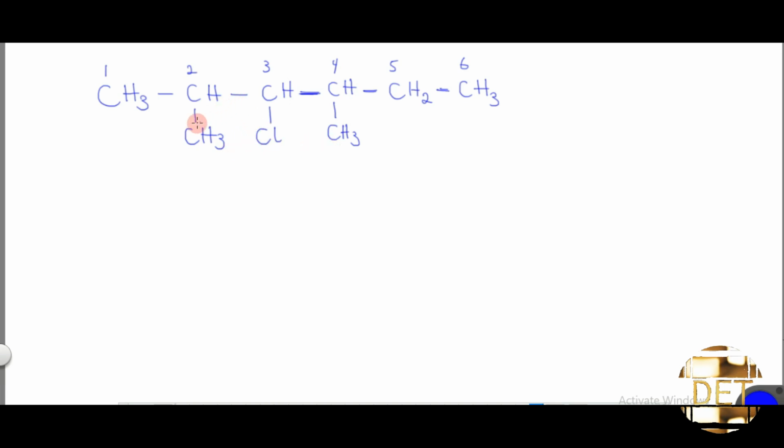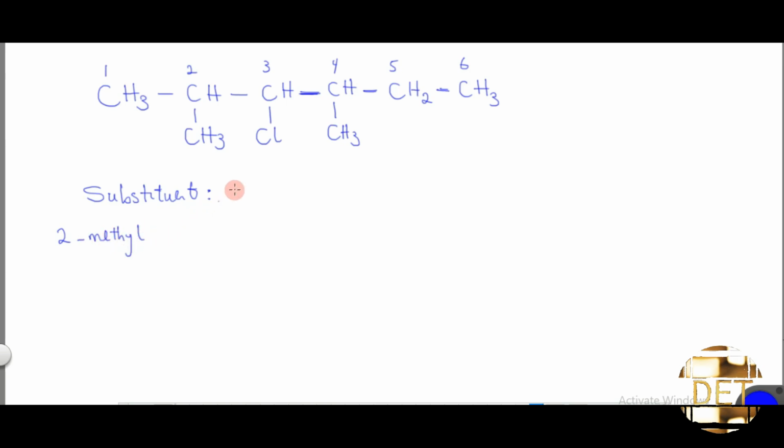Then the next thing is to identify and name the substituents and assign a number to each. The substituents we have here: a methyl group at position 2. So that's 2-methyl.